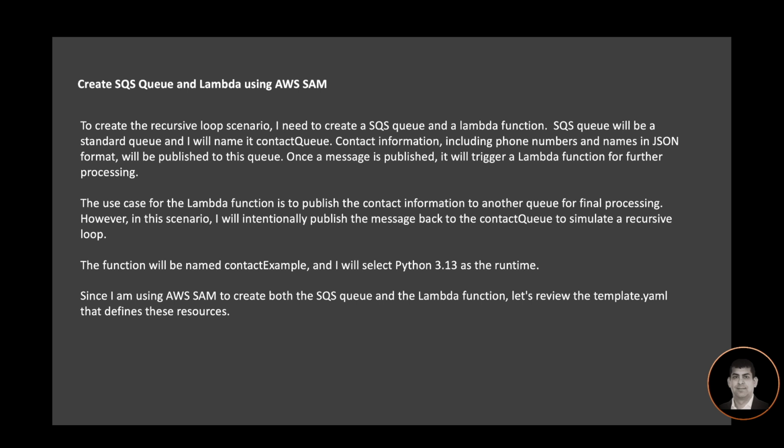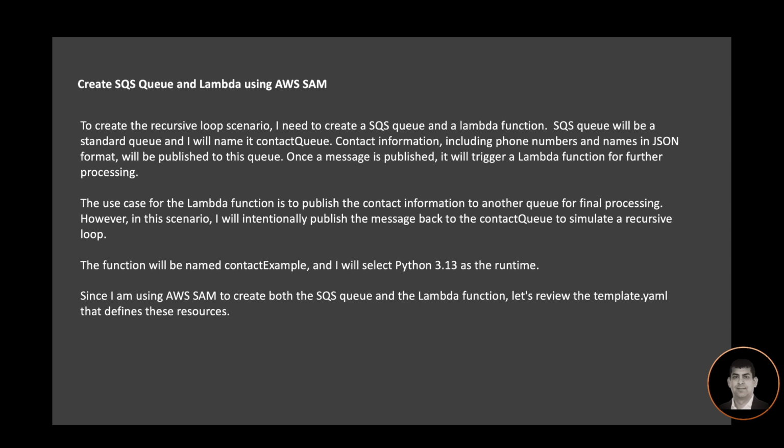The use case for the Lambda function is to publish the contact information to another queue for final processing. However, in this scenario, I will intentionally publish the message back to the contact queue to simulate a recursive loop scenario. The function will be named contact example, and I will select Python 3.13 as the runtime.